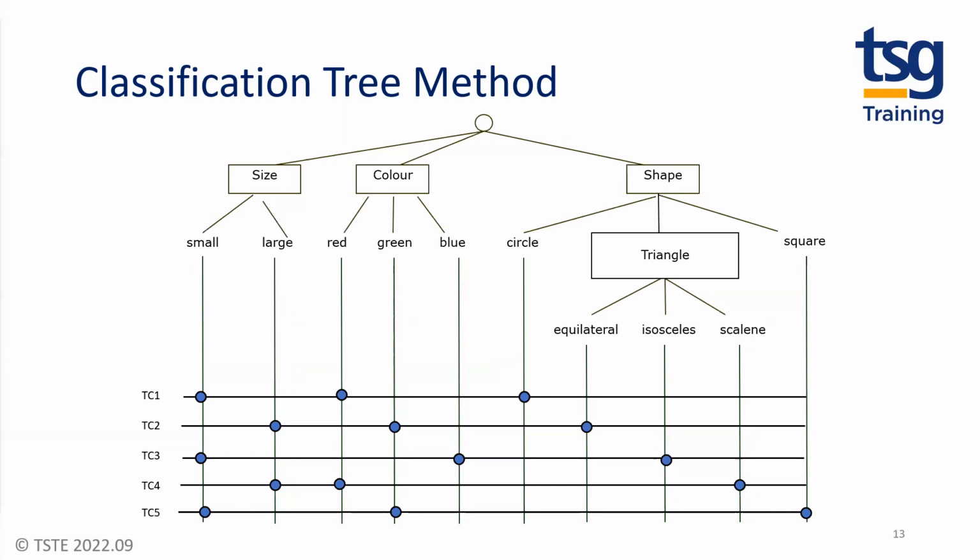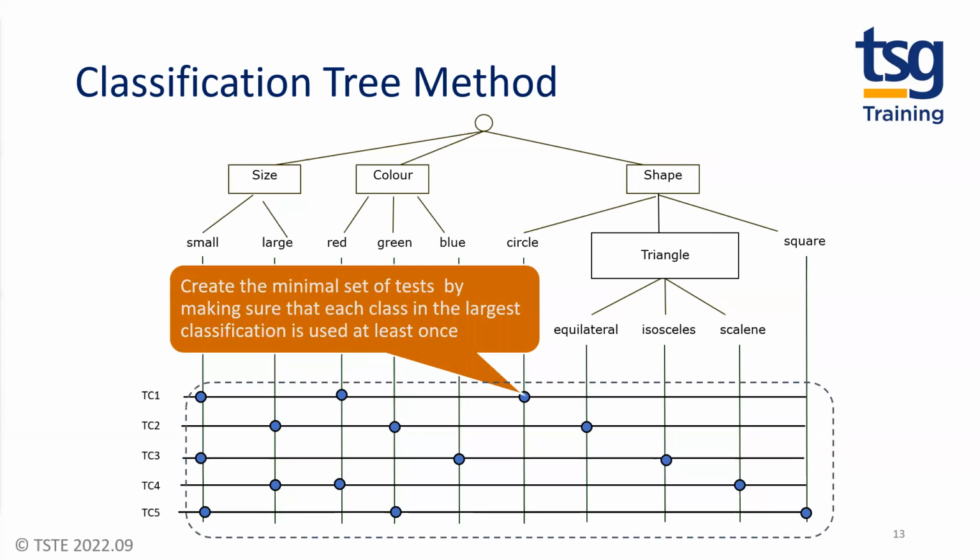So the minimum number of test cases required is calculated by counting the number of classes in the biggest top level classification. So the biggest top level classification here is shape. So here we've got 5 tests, make up the minimal test set.